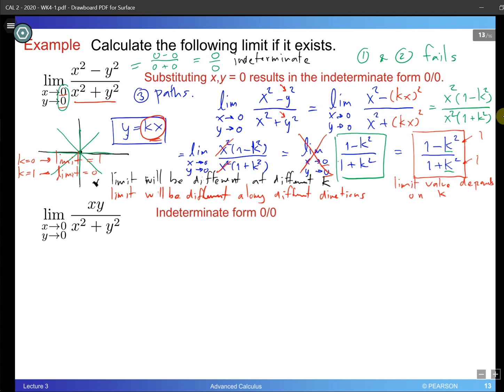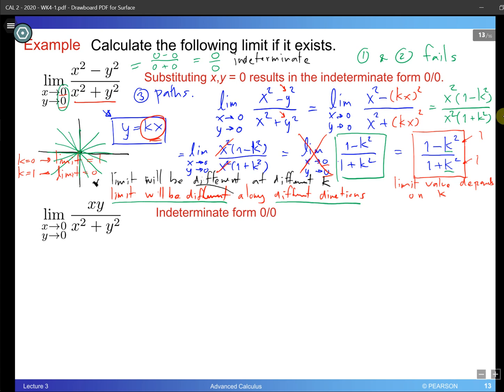The key word is right here: different directions, limit will be different. And as you know, each direction is represented by a different k. Looking at this, these lines have different k, which means that along each line, the limit is going to be different.